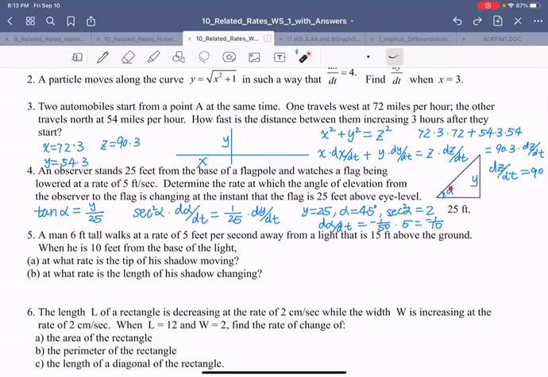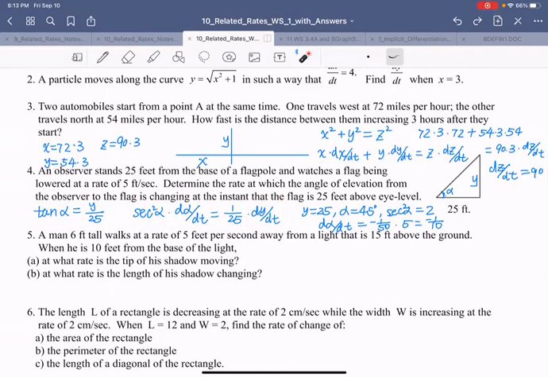And if you want to find the angle's related rate, you do your chain rule. The derivative: secant squared alpha times d alpha over dt equals 1 over 25 times dy over dt.